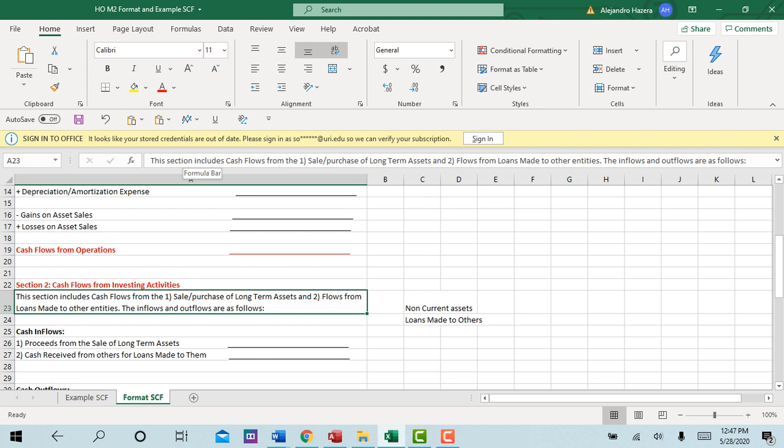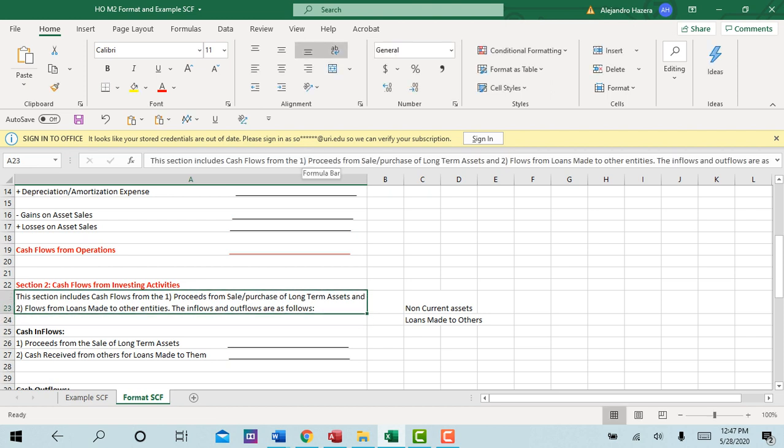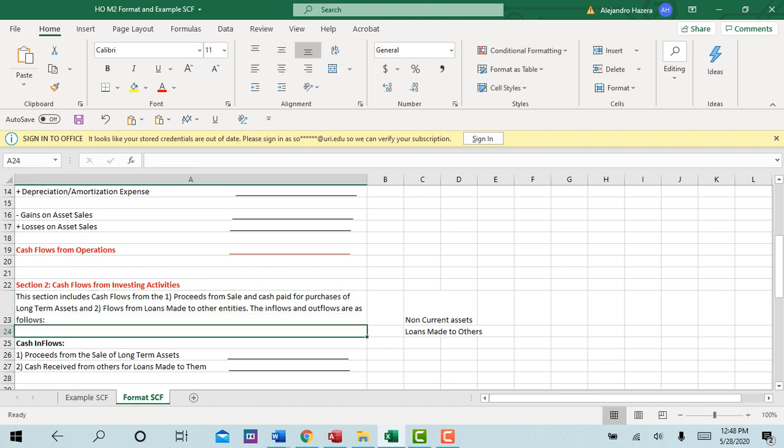Anyway, investments are assets. They're long-term assets, generally speaking, that are in the middle of the balance sheet. This section includes two things: proceeds from the sale of long-term assets, and cash paid for purchases of long-term assets.